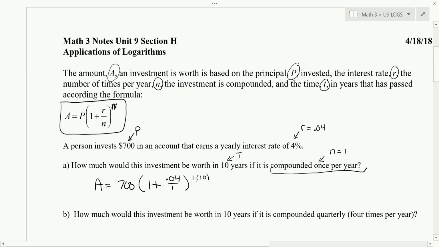So it really depends on the calculator you're working with. Let's all try it and see if we end up with the same thing. And I'm getting $1,036.17. So if you're getting that, we're doing the right thing.